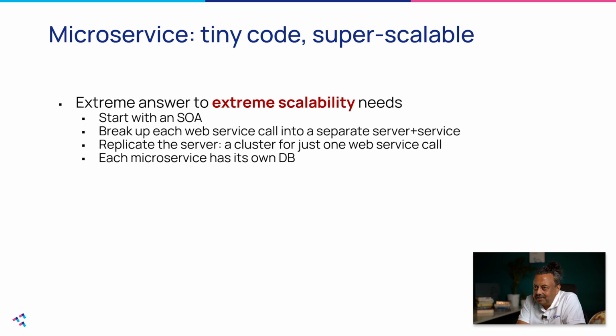And each microservice has its own database. So what you're doing is you are dedicating one or more servers, one physical server or one container with its own CPU resources, its own RAM, its own database for exactly one web service call. That's a microservice.